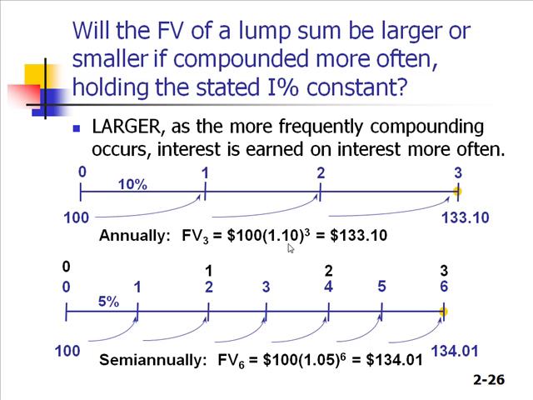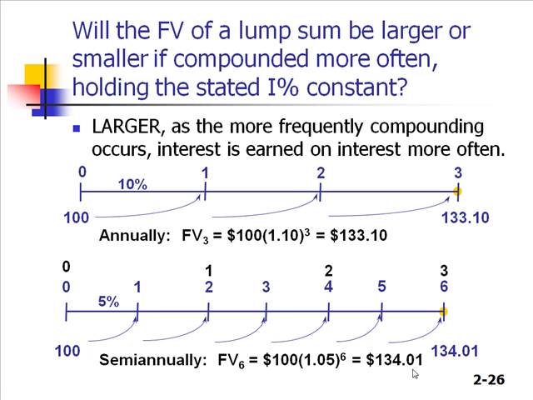So in this case, the interest rate per period is 5% and the number of periods is 6 instead of 3. So we'd take the present value of 100 and instead of multiplying by 1.10 to the third, we'd multiply by 1.05 to the sixth, and we would end up with 134.01.